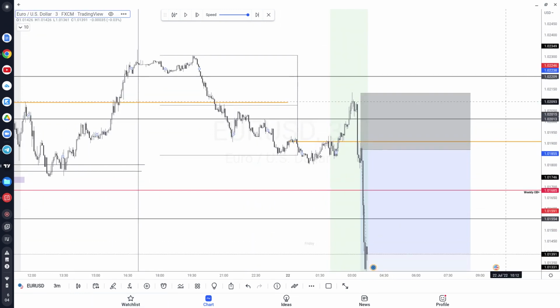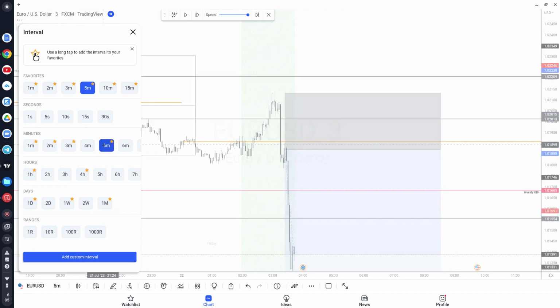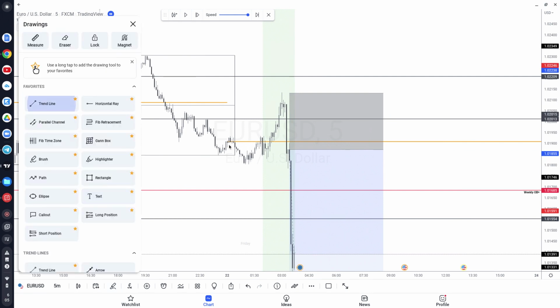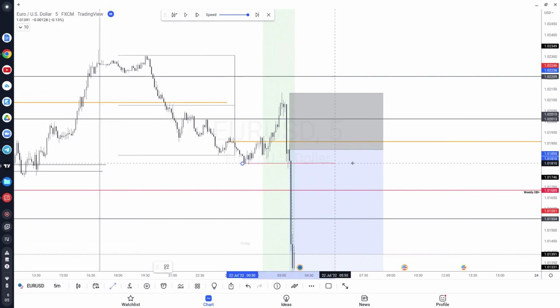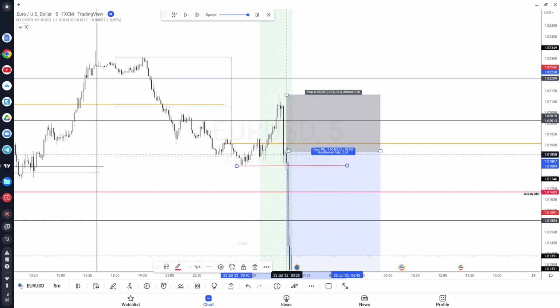What's being done on this trade is once the displacement comes and then we have a shift in market structure here, then we're trading this imbalance, right?